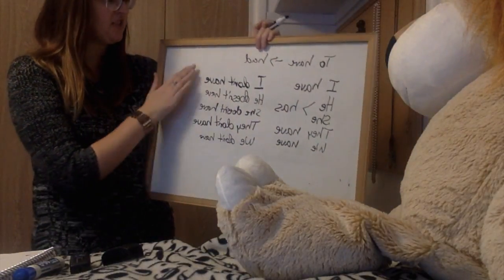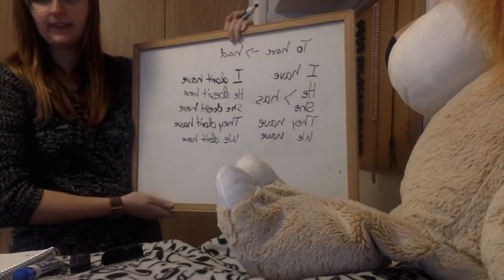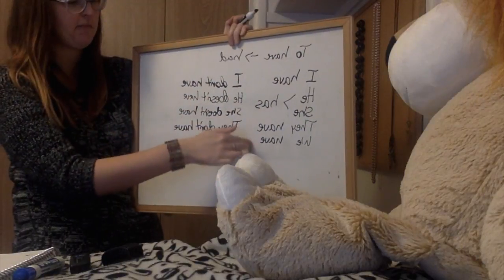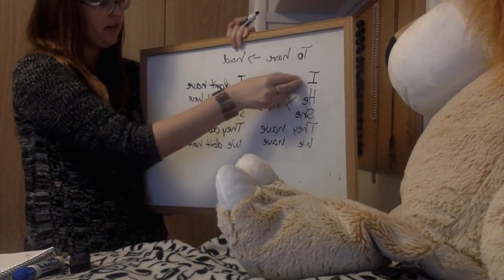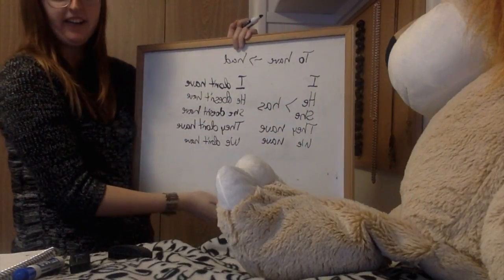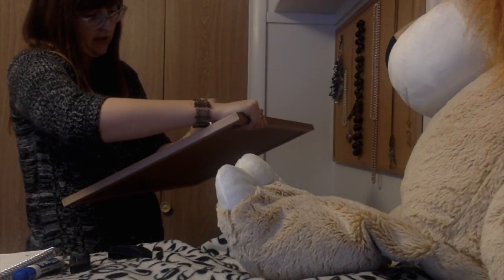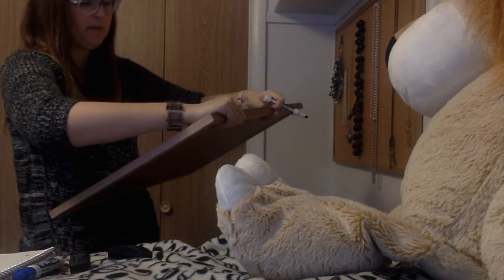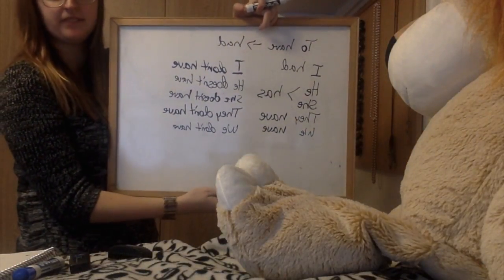So if I was going to change some of these sentences, or even our beginnings, it'll look a little different. Instead of using have, you would say I had. Same beginning of a sentence, but you're now talking in the past.